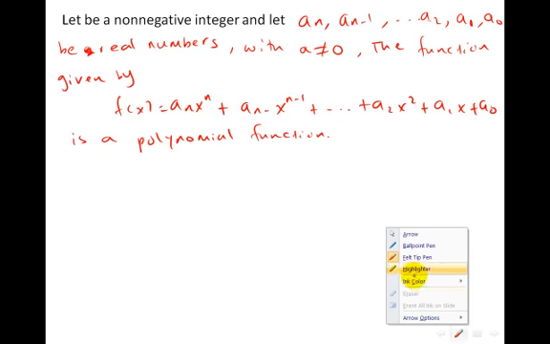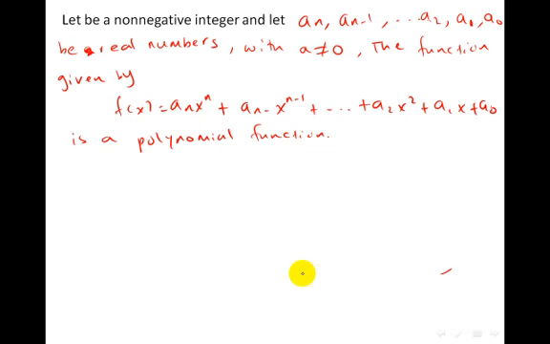So here it's saying, let n be a non-negative integer, and let a sub n, a sub n minus 1, a sub 2, a sub 1, a sub 0 be real numbers with a sub n different from 0.